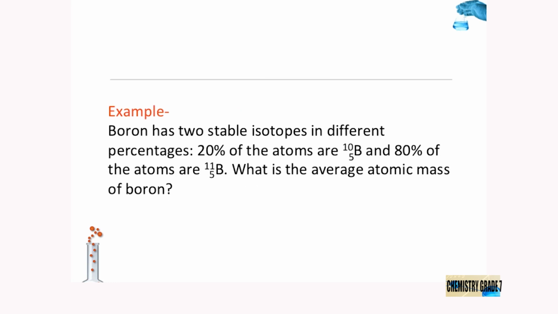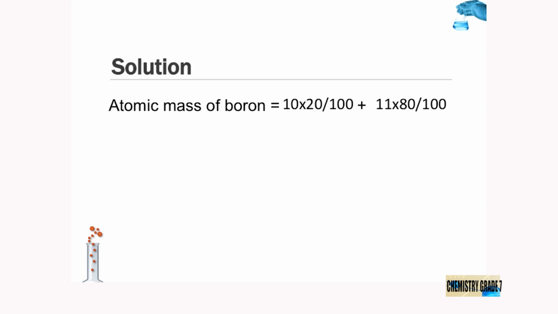So for boron, which has 2 stable isotopes in different percentages, 20% of the atoms are boron 10, and 80% of the atoms are boron 11. What is the average atomic mass of boron? First, we take the mass times the abundance of the first isotope.